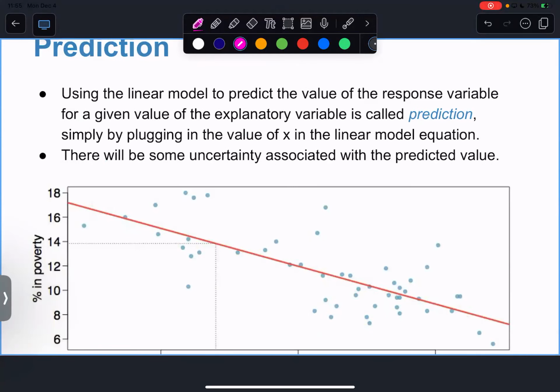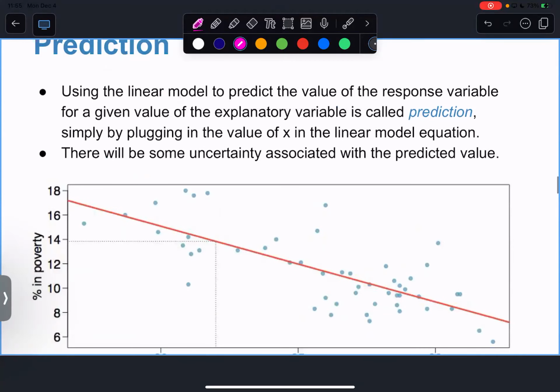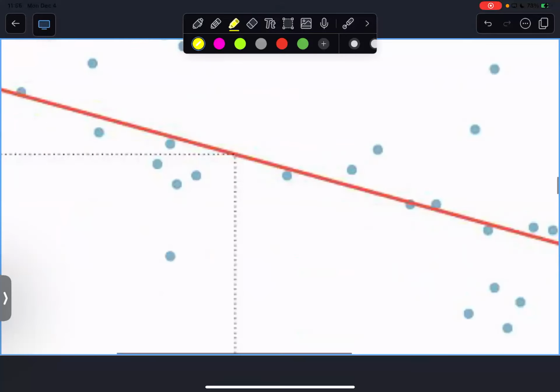So once you have your regression equation, you can use it to predict values of y. And so you plug in the value of x, which you can do by just eyeballing it. But I want you to use the regression equation. I want you to eyeball it though, so that you can make sure that your answer makes sense, right?